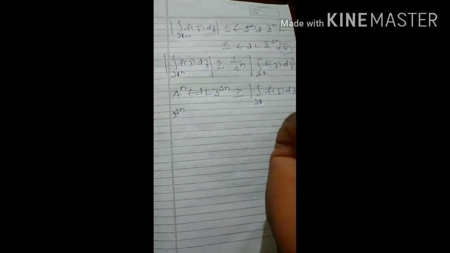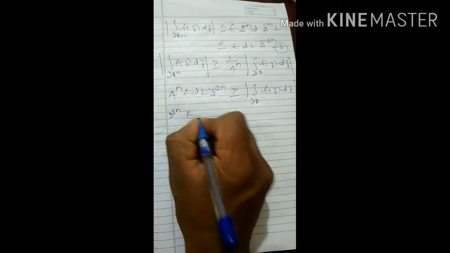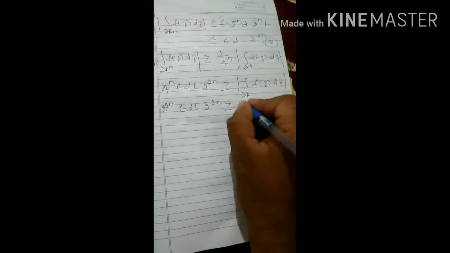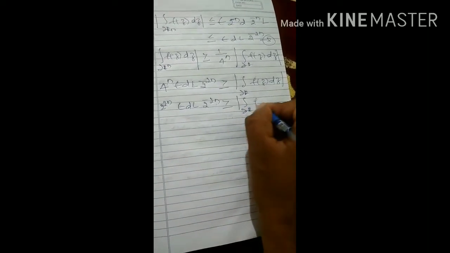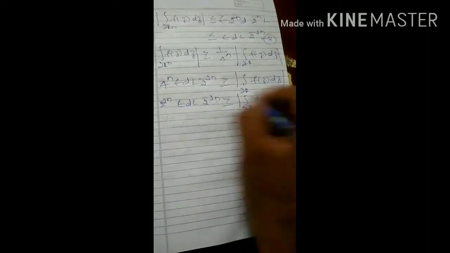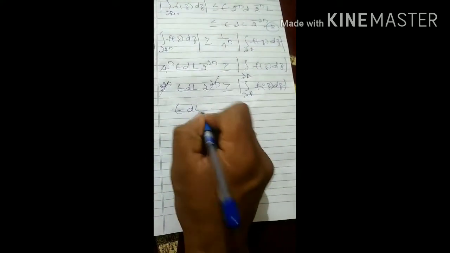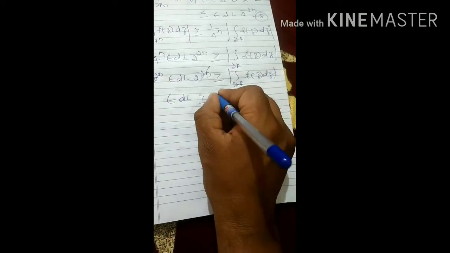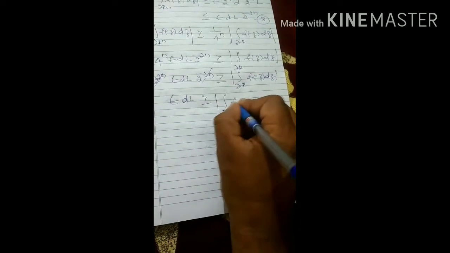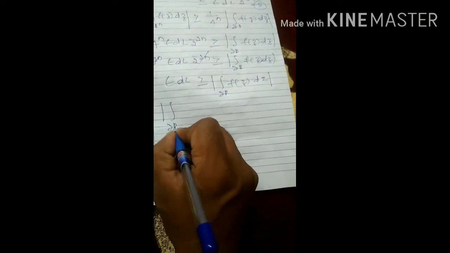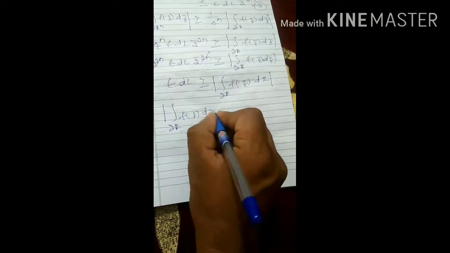So epsilon d l is greater than or equal to modulus of the integral over del R of f of z dz.